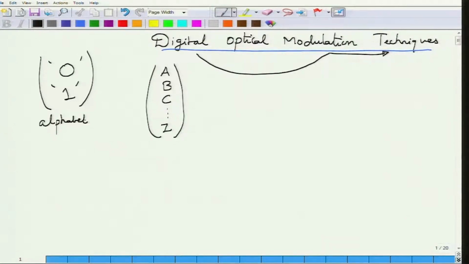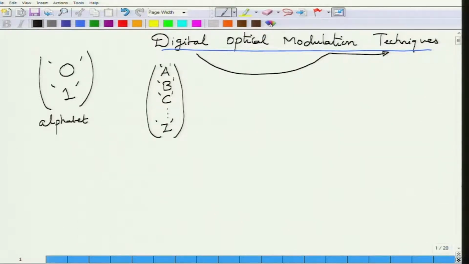This is not the English alphabet, this is some sort of a binary data alphabet which has two symbols 0 and 1, just like the regular English alphabet has 26 letters A, B, C up to Z. We do not put the inverted commas there because we understand what alphabet and letters are. So this is the analogy by which we want to proceed.